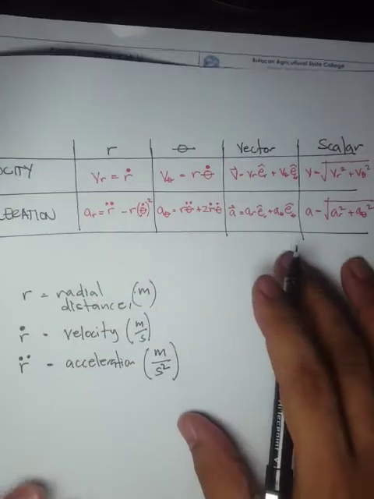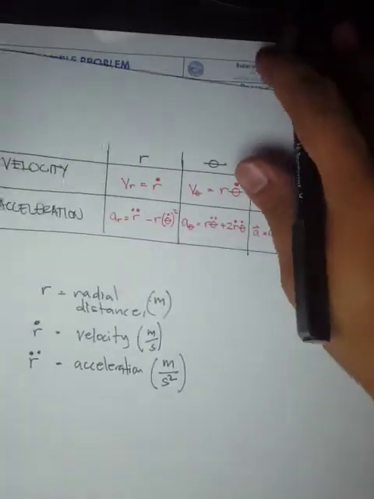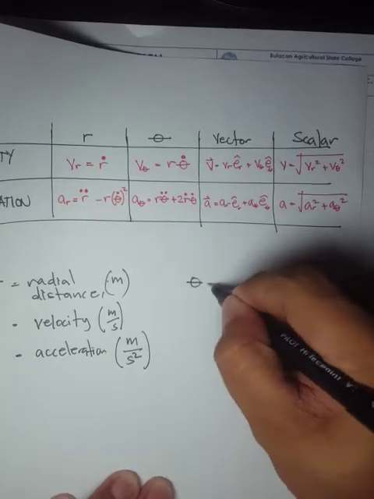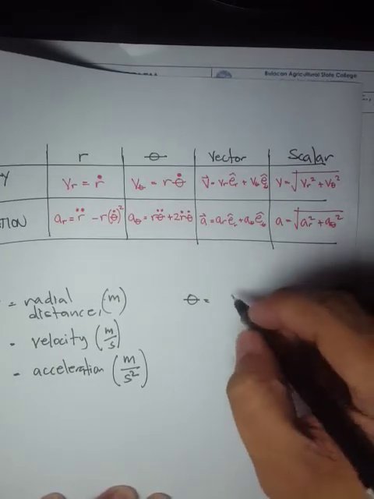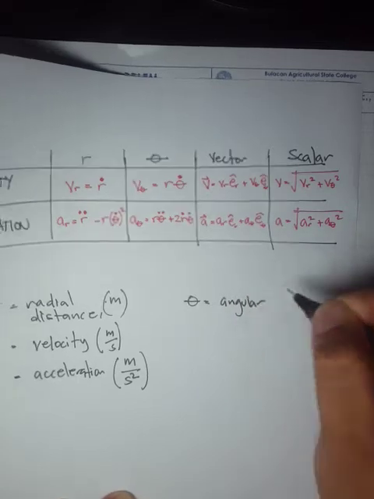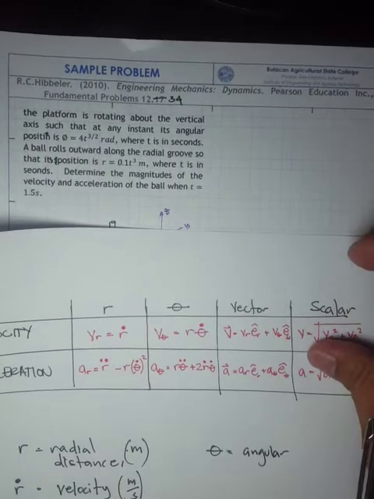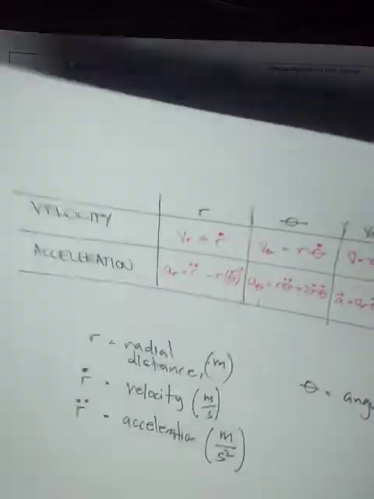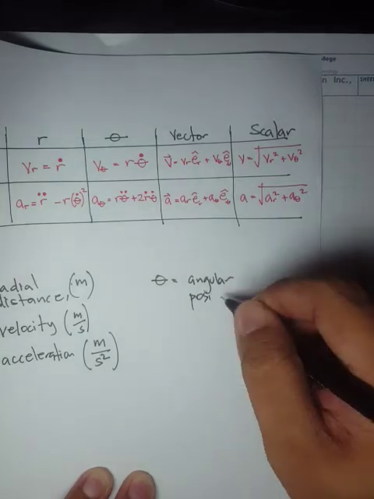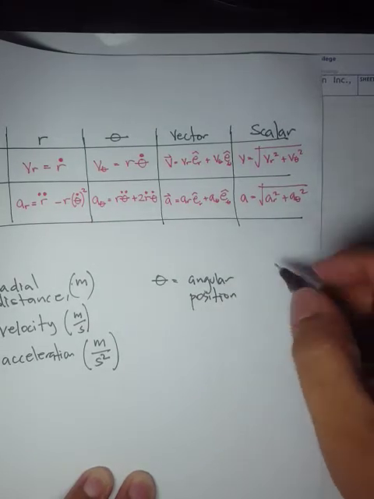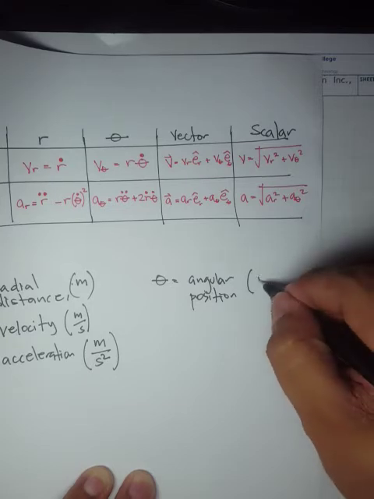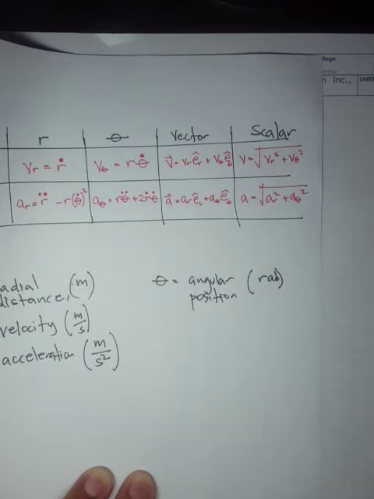Now we have new variables here, the theta. Theta means our angular position, and since it's angular position, the unit is just radians.